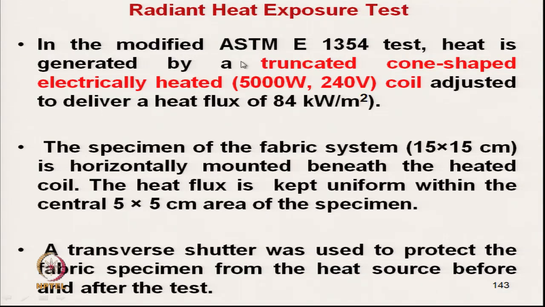In the modified ASTM E1354 test, heat is generated by a truncated cone shaped electrically heated coil, adjusted to deliver a heat flux of 84 kilowatt per square meter. That is the amount of heat which is required for second degree burn, okay.